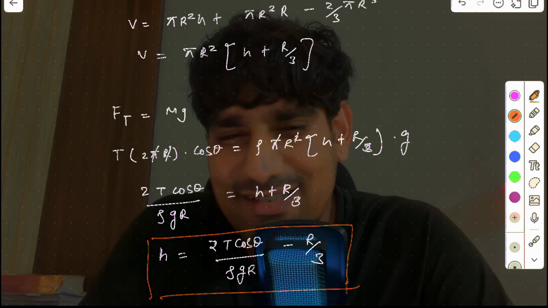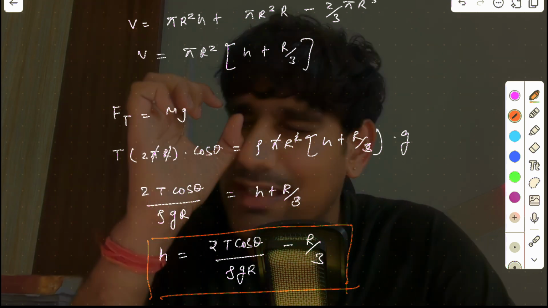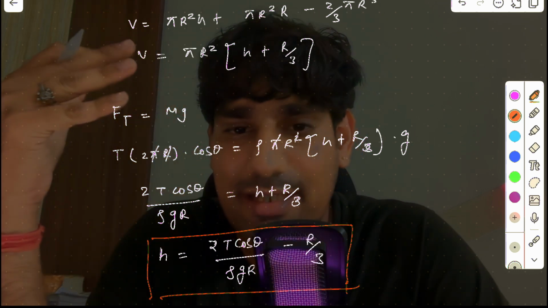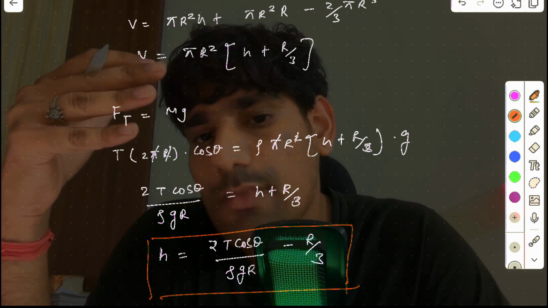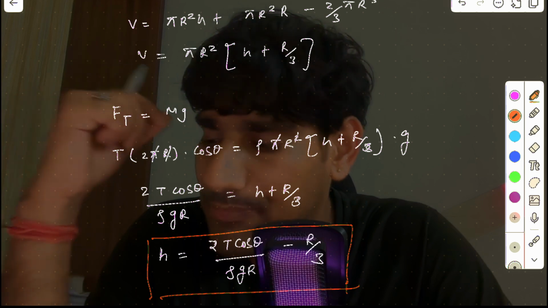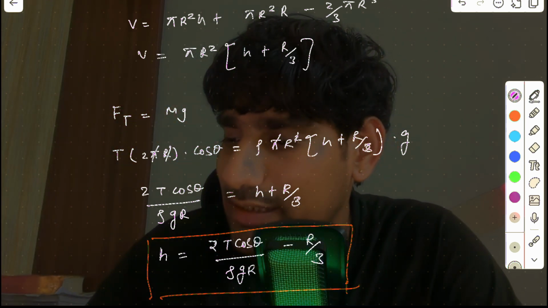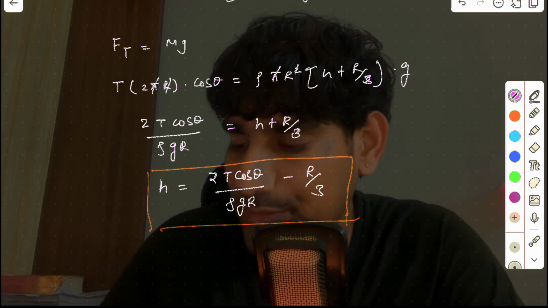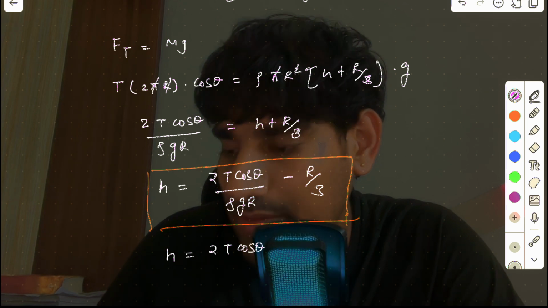In this there is one more term, minus r by 3, right? This minus r by 3 is a kind of correction we need to make for the liquid in the small meniscus part. Otherwise, approximately we can just say that the height rise becomes h equals 2T cos theta divided by rho g r.